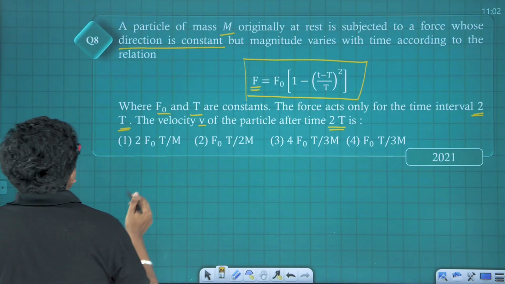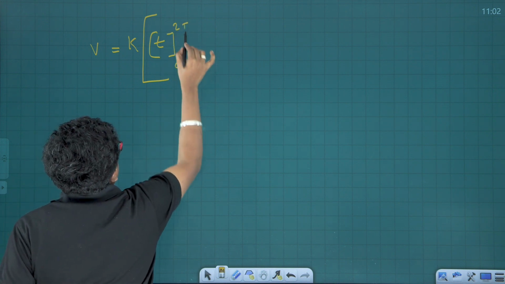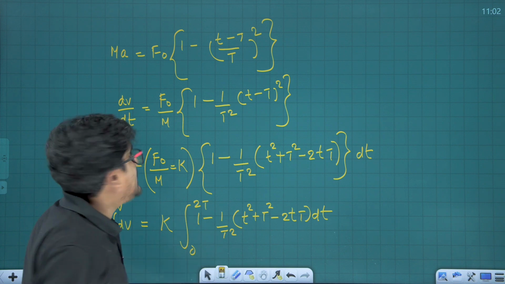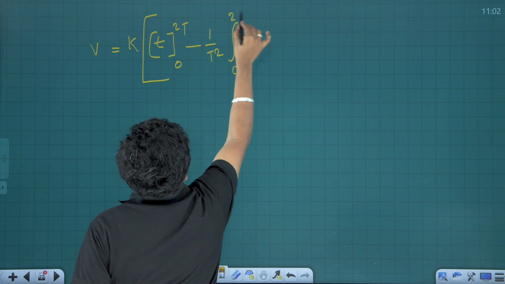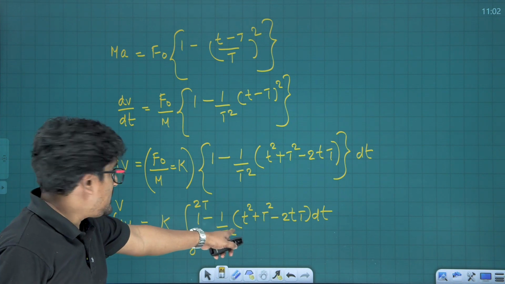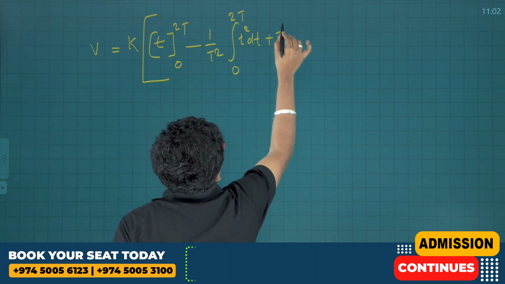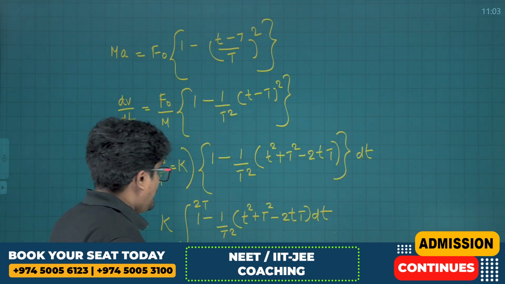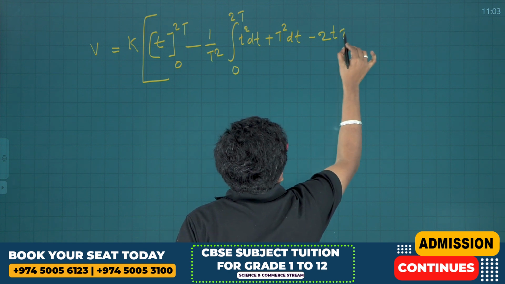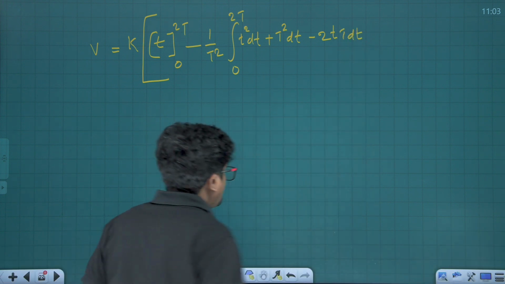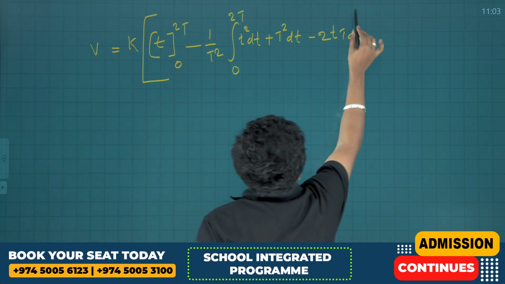Integral of dt is smaller t between the limits 0 to 2t, minus, I have got 1 by t square here, so 1 by t square is going to be there, integral from 0 to 2t of small letter t square into dt plus capital T square into dt minus 2 times small letter t into capital T into dt. That's what there.